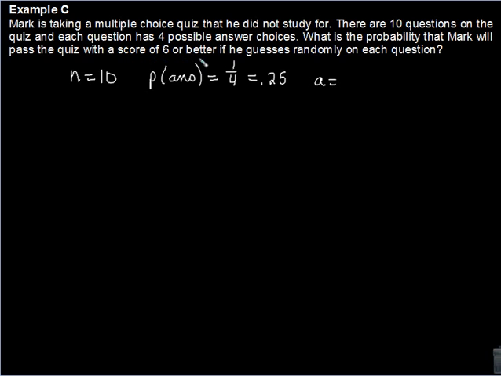He needs a 6 or better, so he needs to get 6 right answers. The probability of not the right answer is 3 out of 4, which is 0.75. So he has a 75% chance of getting the wrong answer and a 25% chance of getting the right answer on any individual question. So we want to know what is the probability that he will guess 6 of these correctly and pass this quiz.